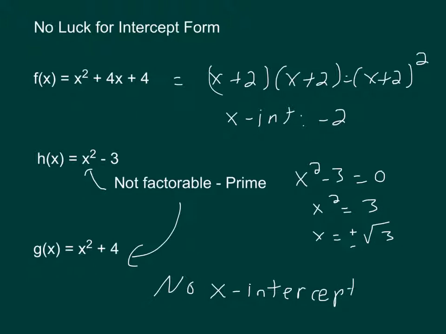But basically, even if I tried one of these other methods of solving for the x-intercepts, I'd end up getting that x squared would equal negative 4. And there's not a single number that I can square and get a negative answer. So I can't put it into intercept form. And even if I could, there are no x-intercepts for this equation. So that's where it would run out.